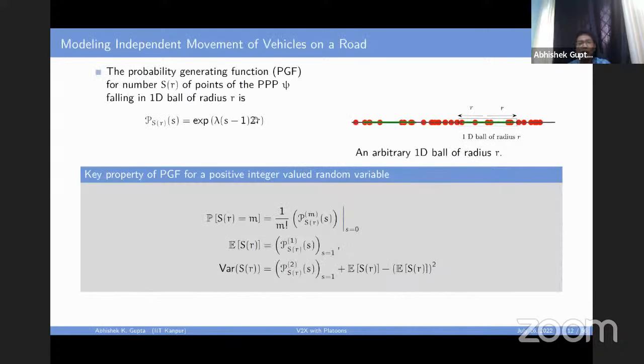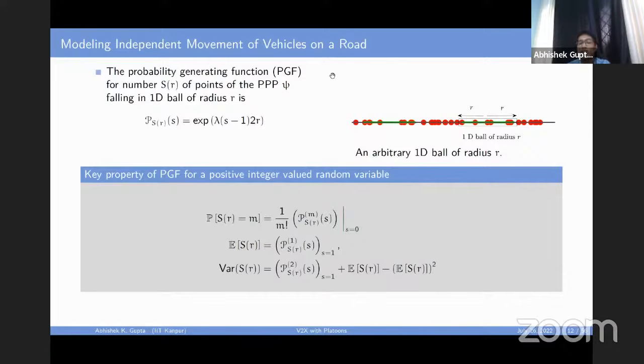So let me come back to our vehicular deployment. If you have these vehicles, you can take any set R and you can talk about how many points are there in this set R. You can compute the Laplace transform or the probability generating function of these points using the Laplace functional. So why are we interested in this PGF? The total number of points in any set here is basically an integer valued random variable, a positive integer random variable.